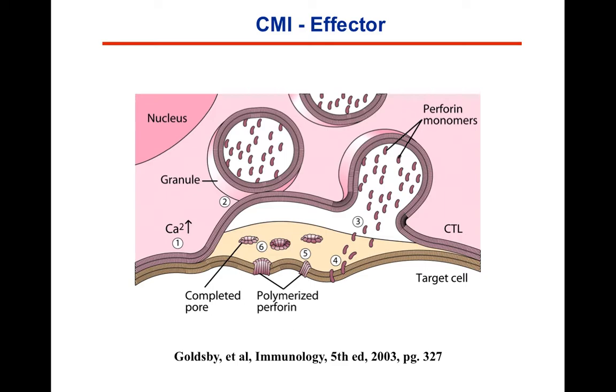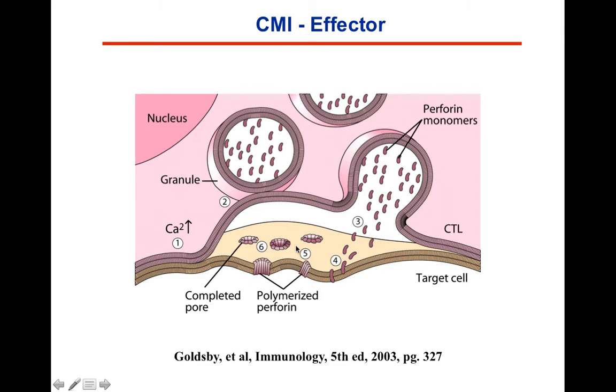Now, one of the key things that's important is the formation of these pores from these porphyrin monomers, and they're chemically kept as monomers within these granules, and when they're dumped, there's a pH change, at least, that occurs that causes these monomers of porphyrin to form into a pore.